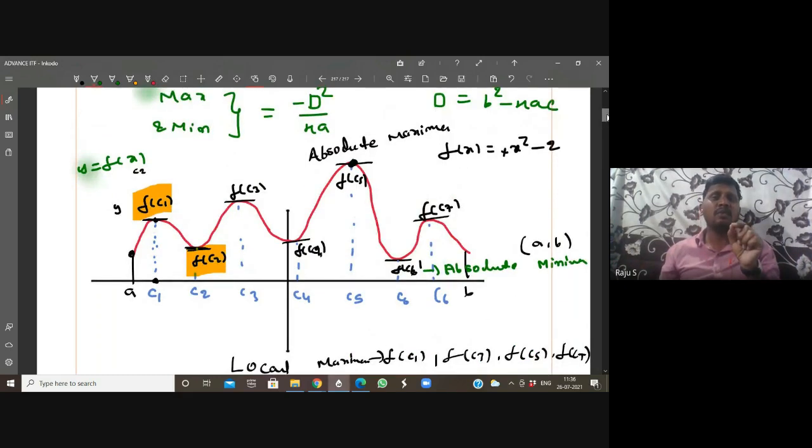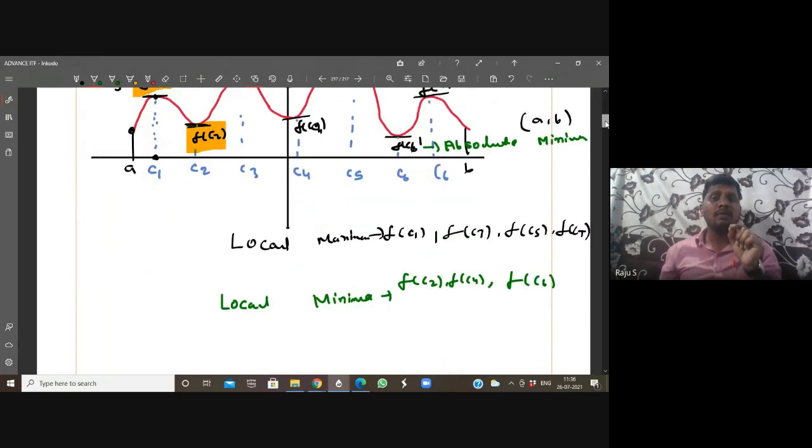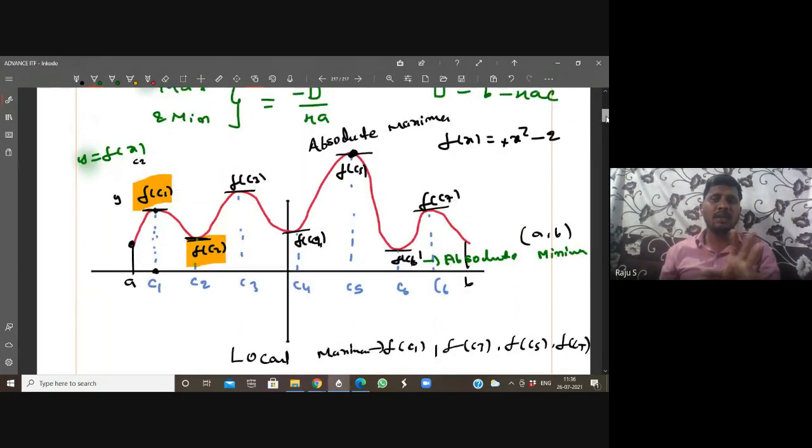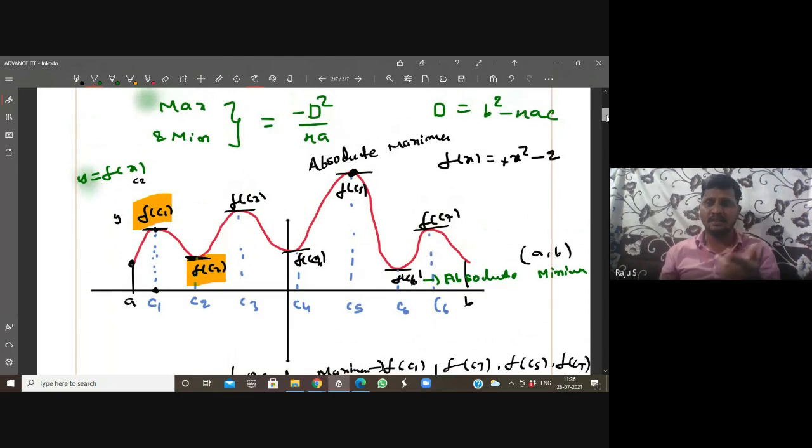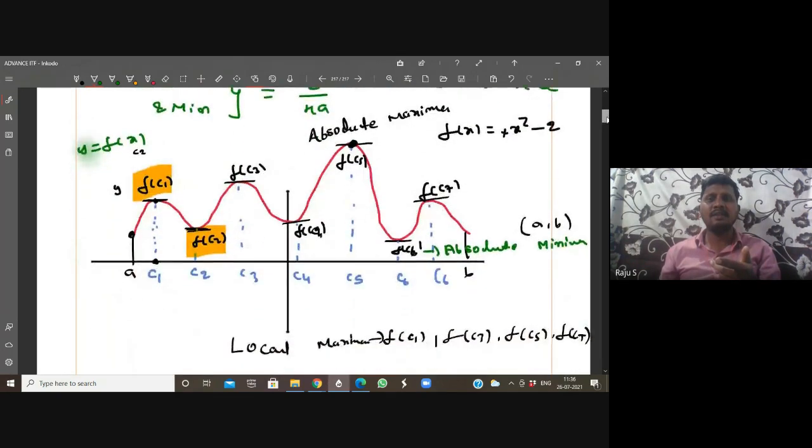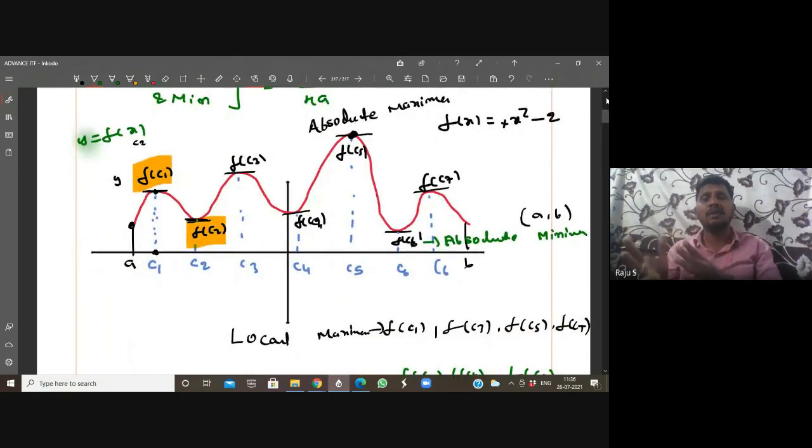Whenever they want you to find absolute maxima or absolute minima, they will give the interval in the question, like increasing, decreasing, or prove that. Other questions do not give the interval.